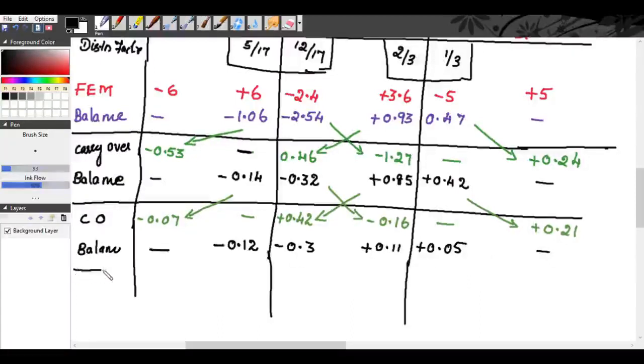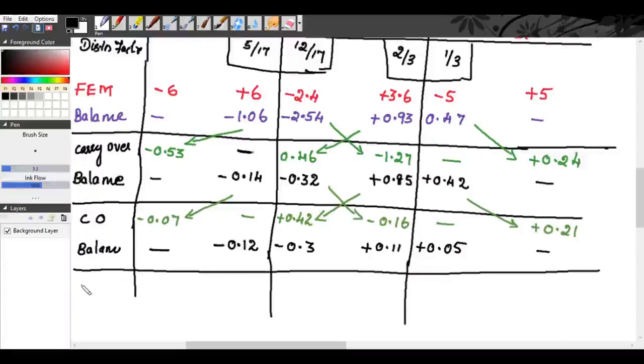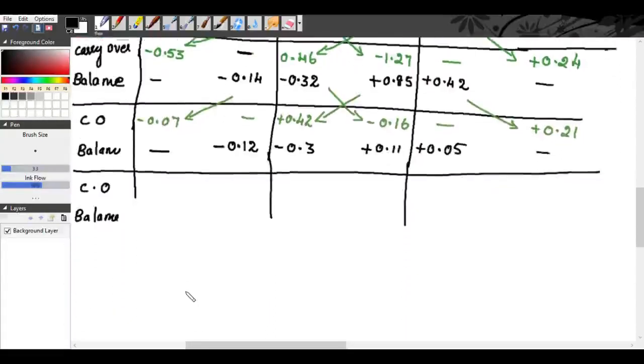Now once again, next step, again carry over, then balance. When it is carrying over, minus 0.12 divided by 2, we get minus 0.06.